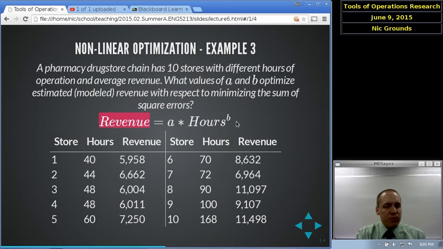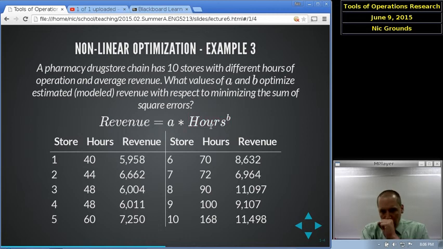If we could build a model by some function like this, which was accurate for this set of data, these 10 stores, that would help us make decisions about how many hours each store should be open, because we could predict how much more or less revenue it would earn. Okay, because we'd have this model, this equation with an A and a B value filled out that would tell us how to predict revenue from hours alone.